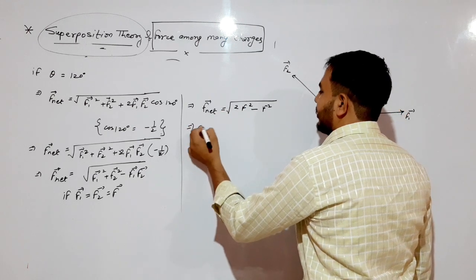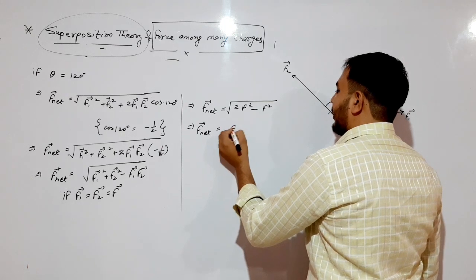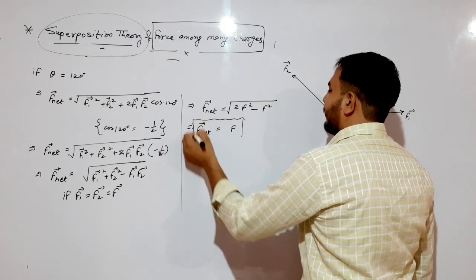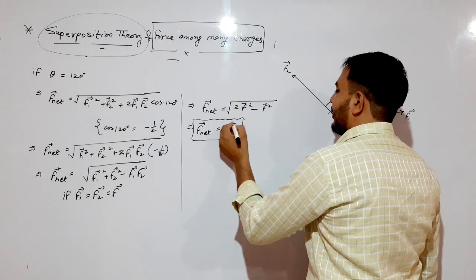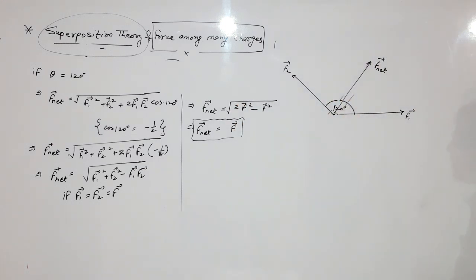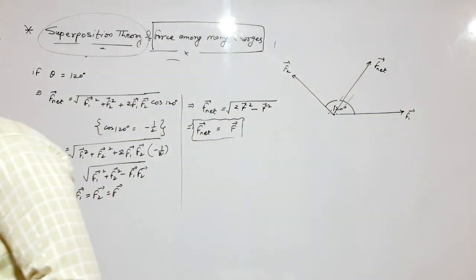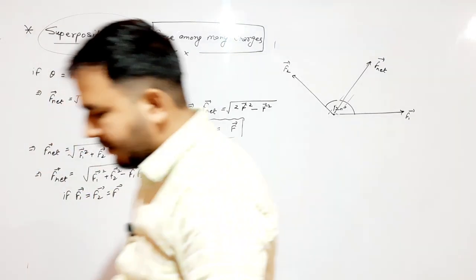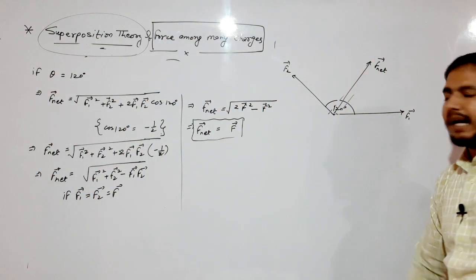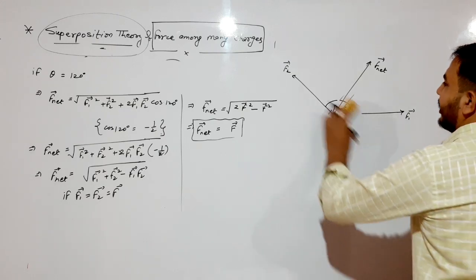F net is equal to F vector, which is the answer when the angle between two charges is 120 degrees. You can explain it for 60 degrees, 45 degrees, or any angle between them. This is the superposition theory.